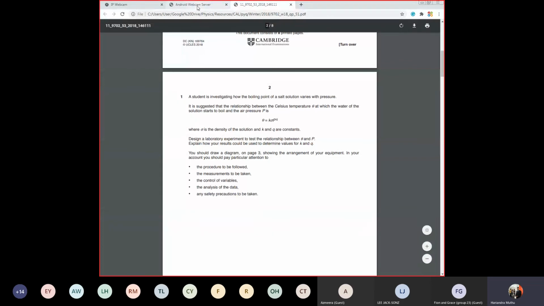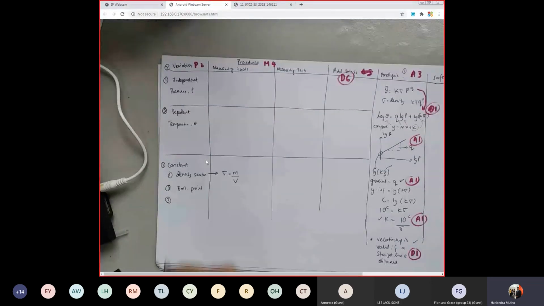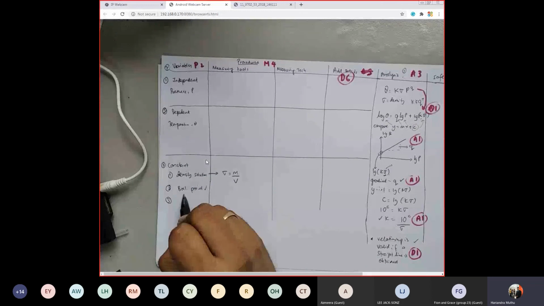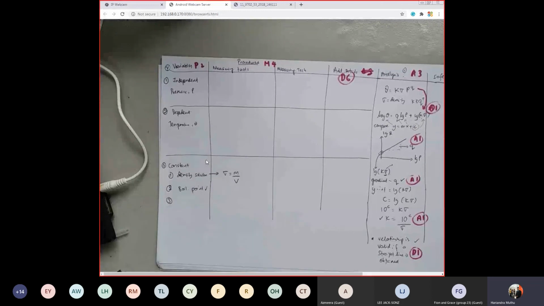So the boiling point is important. That will be a constant, but it is not the main constant. The density is the main constant. Is there any other constant? All right, never mind.